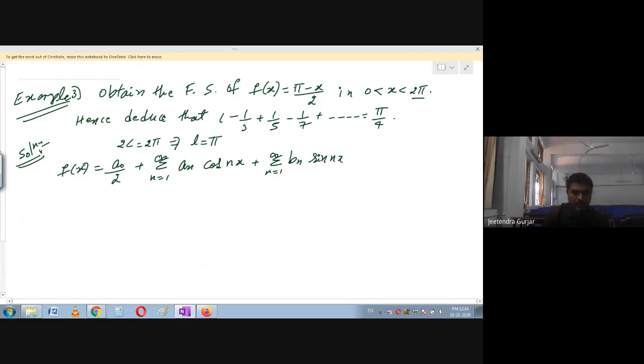So this is the Fourier series formula. Please remember this and practice again and again, students.